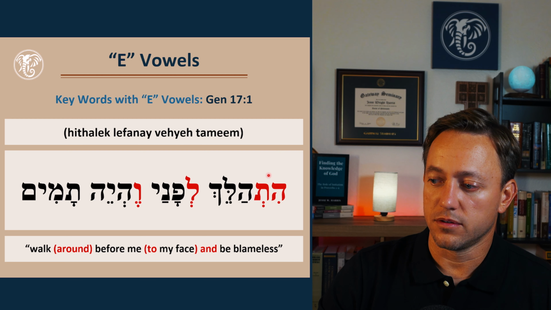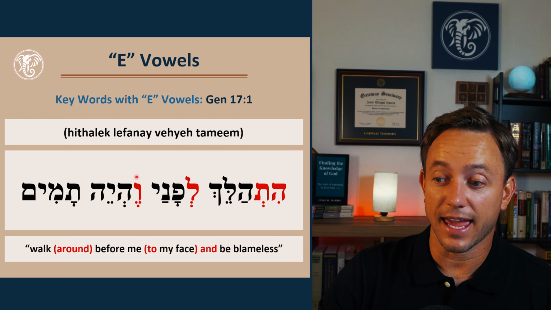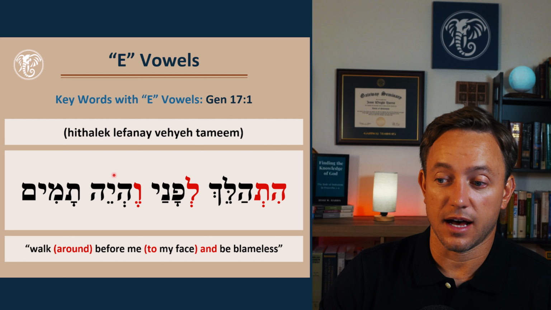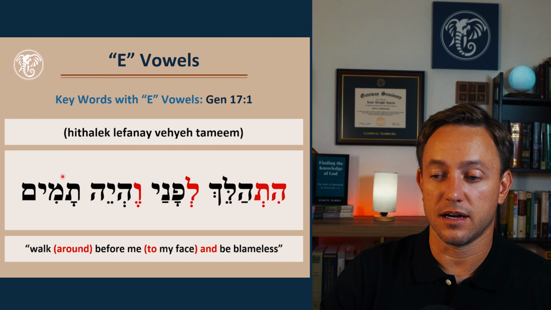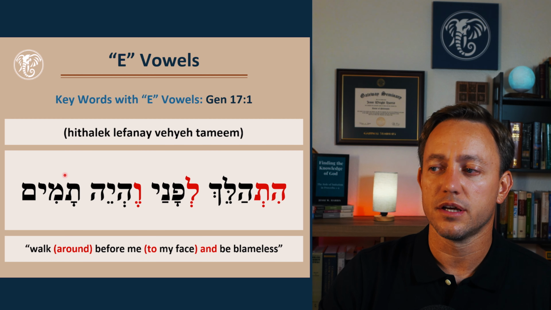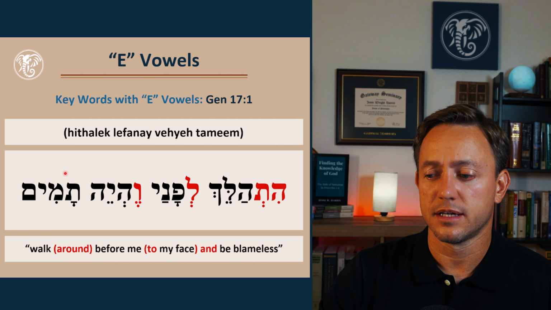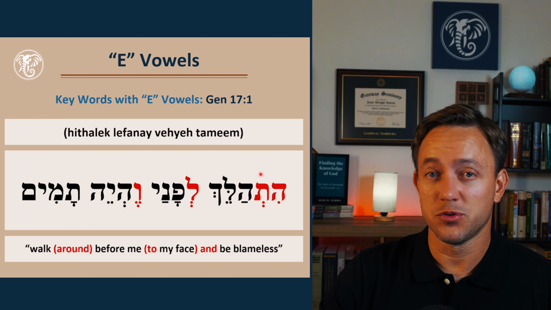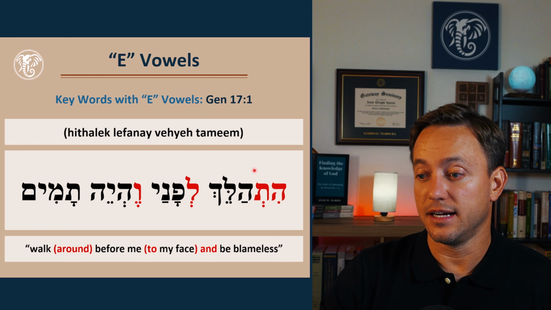And so go before me or my face, and then of course that word meaning to be, haya. So, and be tamim. And tamim is a unique and interesting word used in the sense of to be blameless or pure.